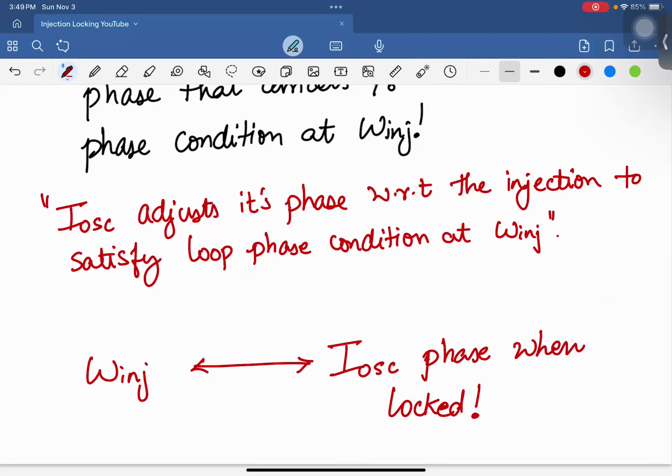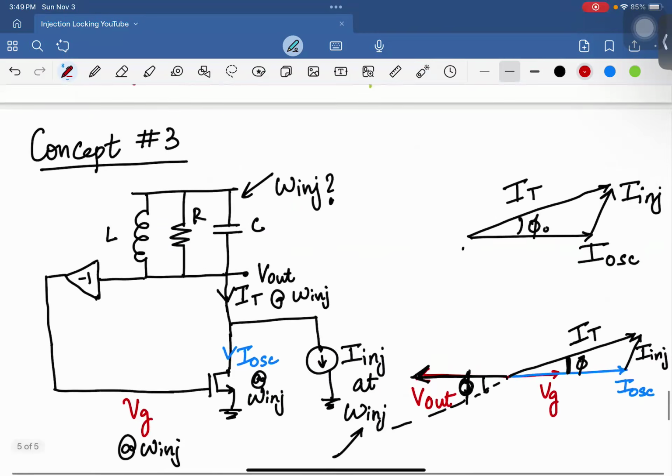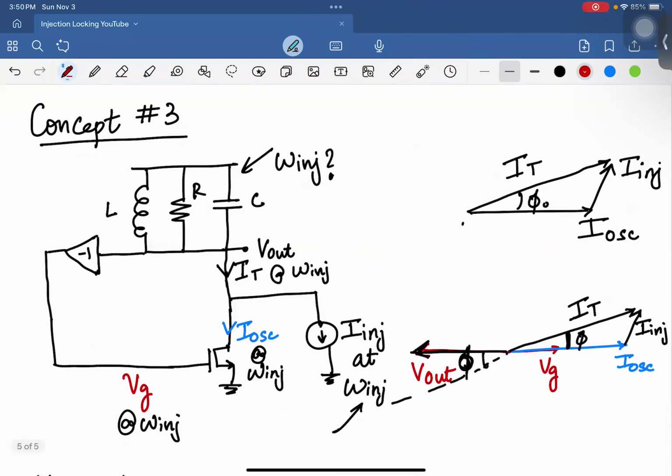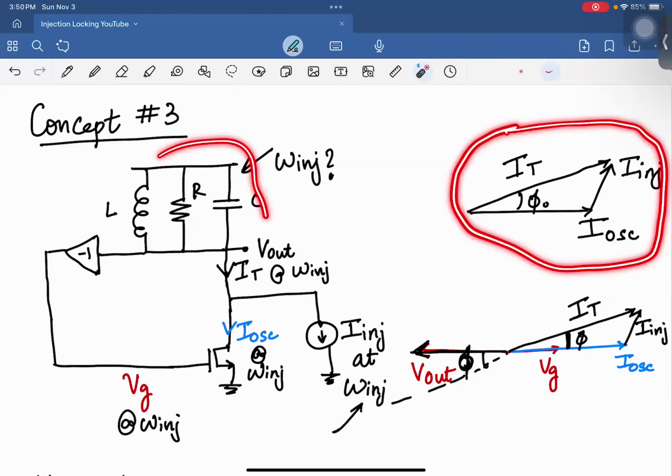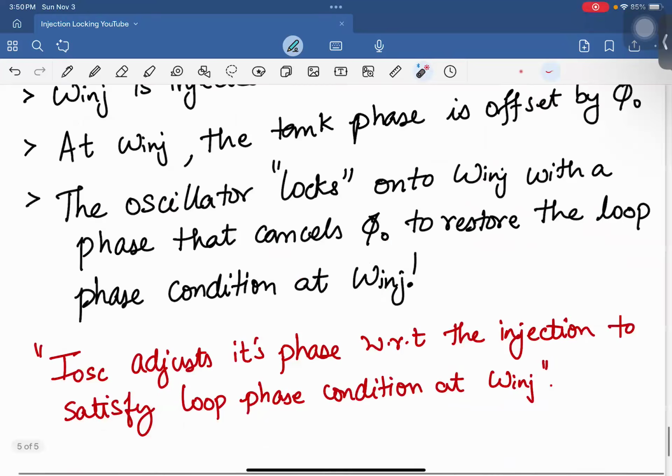And we'll derive an analytical expression for that relationship based on exactly this model. That's why I'm saying this model is still very useful, even though it's not super rigorous. This relationship, especially between I injection and I oscillation, and also the tank's impedance, we'll use to derive it.